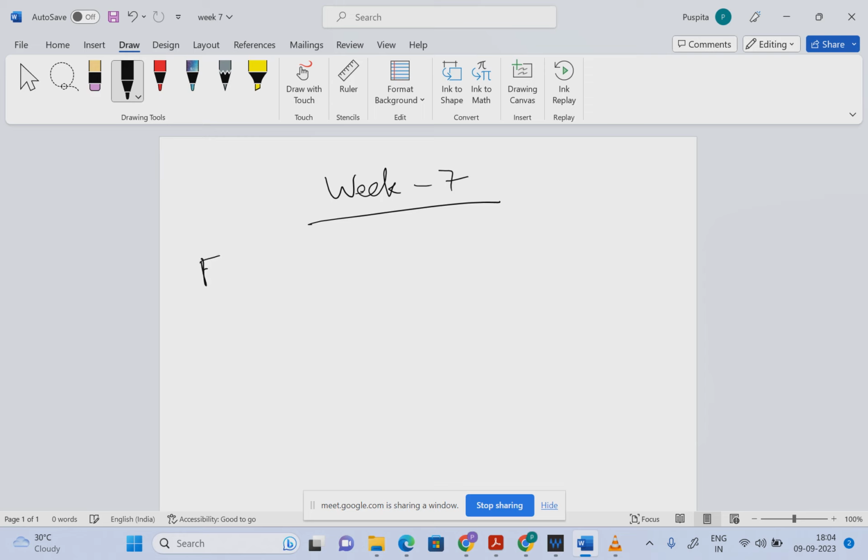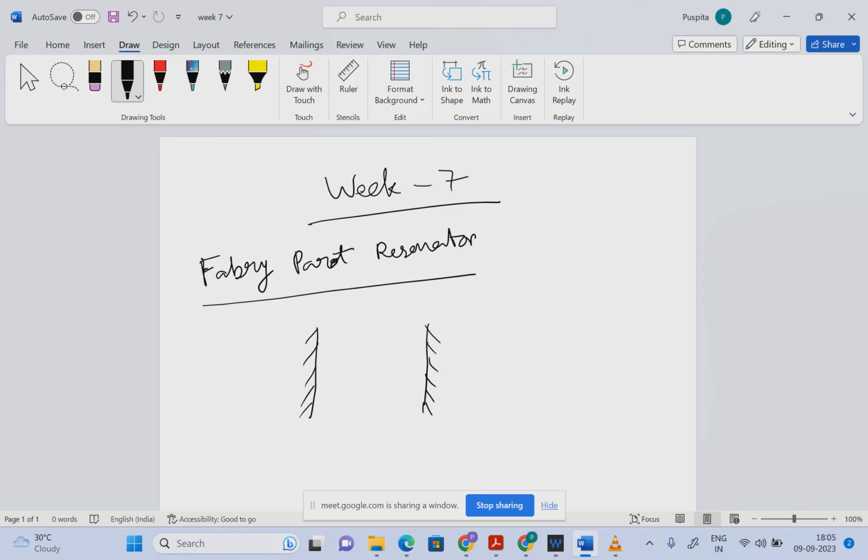A Fabry-Perot resonator, or we can say a two-mirror cavity. Having mirrors at each end of the cavity leads to the development of both longitudinal and transverse modes superimposed upon the beam.